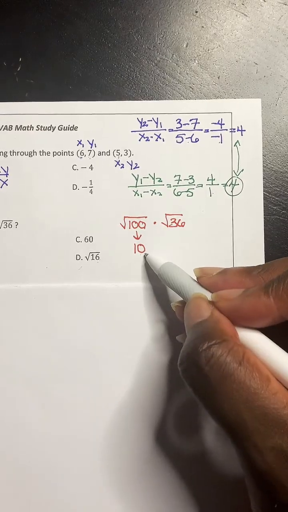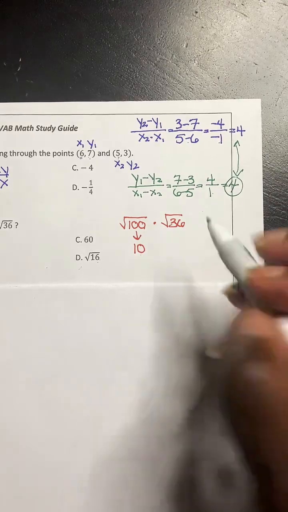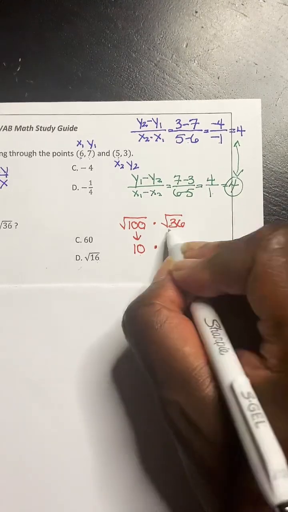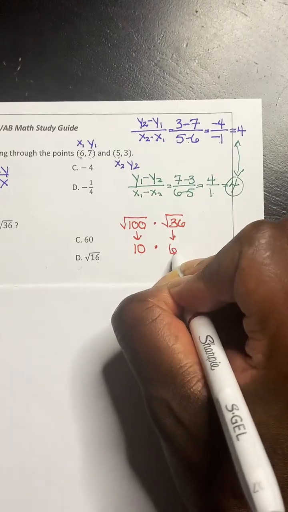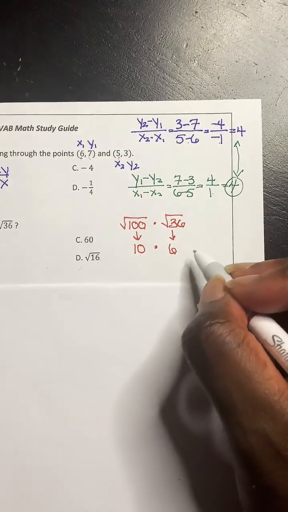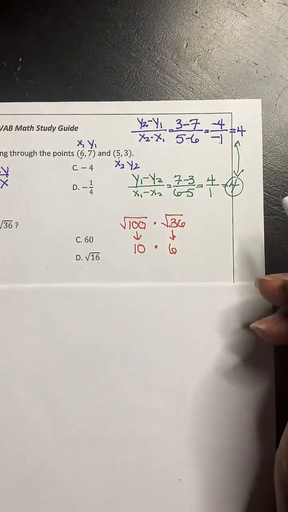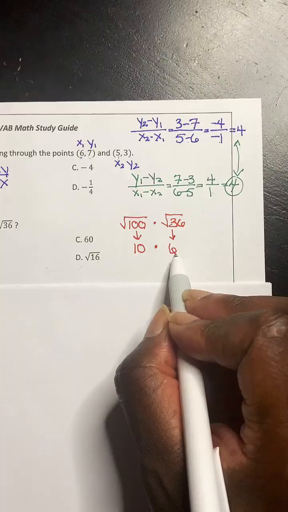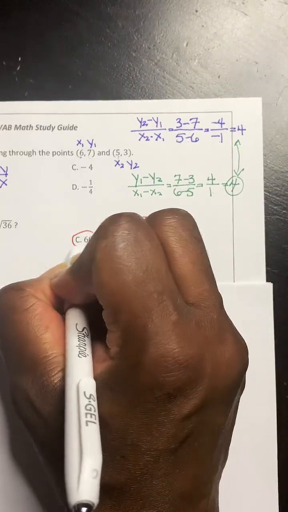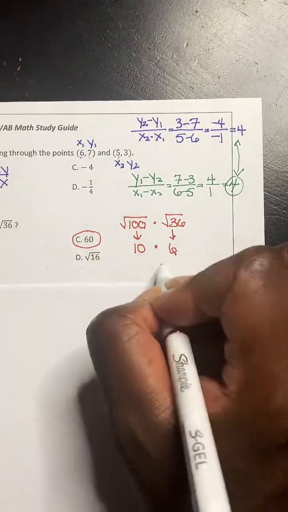So this is not a square root of 10, it's just 10. Now, square root of 36 gives me 6, because 6 times 6, or 6 squared, gives me 36. Now multiply 10 times 6. 10 times 6 gives me 60.